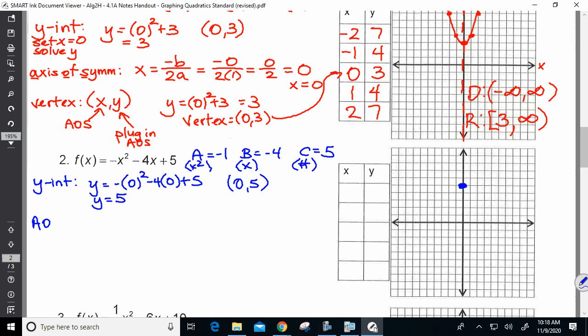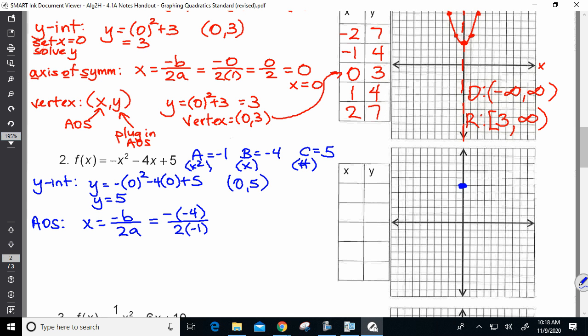Next is your axis of symmetry. Remember, AOS means axis of symmetry. X equals negative b over 2a. That's negative parentheses negative 4 over 2 times negative 1. Notice that there is a negative sign already in the formula.